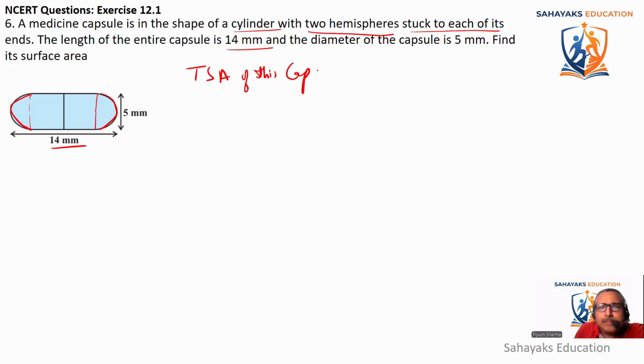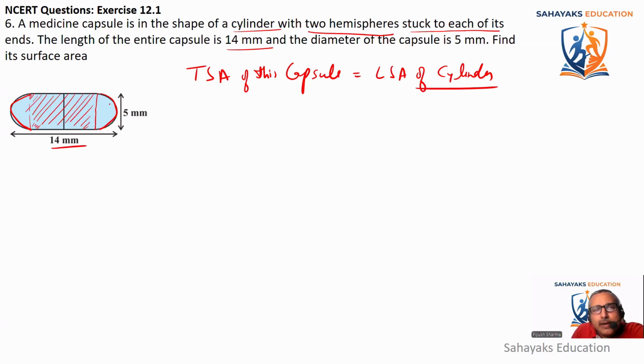Okay, so the total surface area of this capsule is equal to the lateral surface area of the cylinder, because we don't have to take the flat surface area of the cylinder, only the lateral surface area, plus the curved surface area of hemisphere plus the curved surface area of hemisphere.